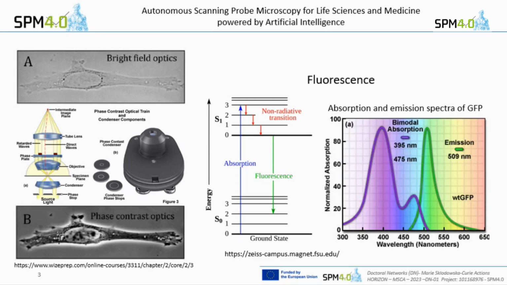Here, I use the example of GFP because, as she already told us, it's the most prominent one, from the jellyfish. It's a green fluorescent protein. So you have an absorption window in the purplish blue and an emission window in the green. So when you do fluorescence microscopy, you also use filter sets accordingly, because you want to get that light onto your sample and that light onto your detector.